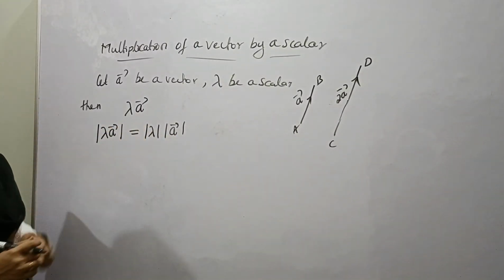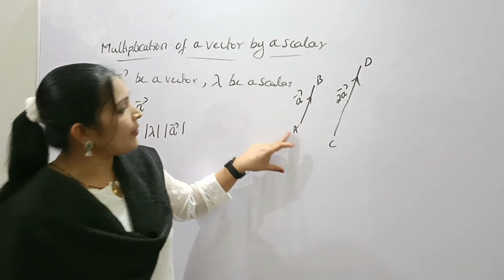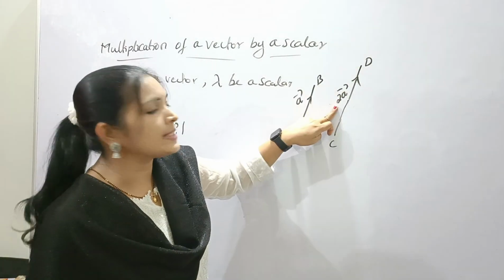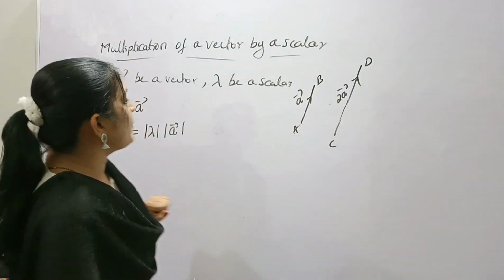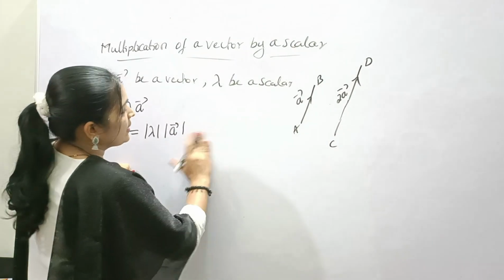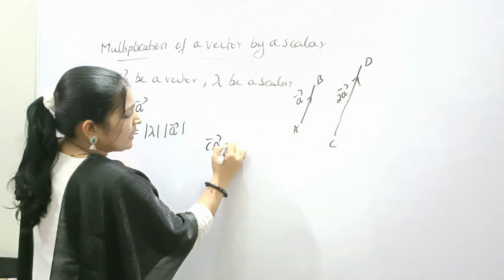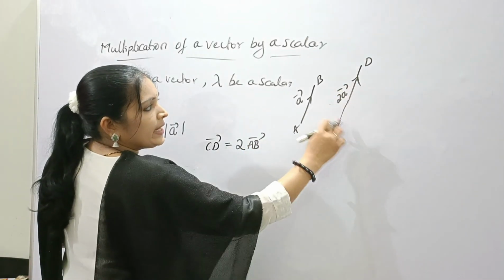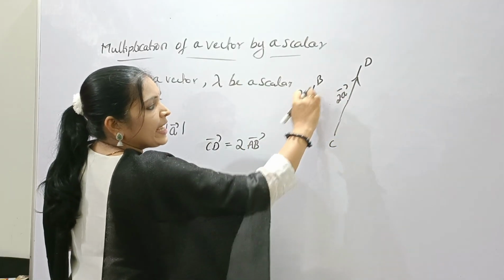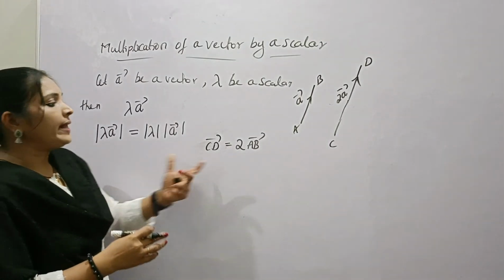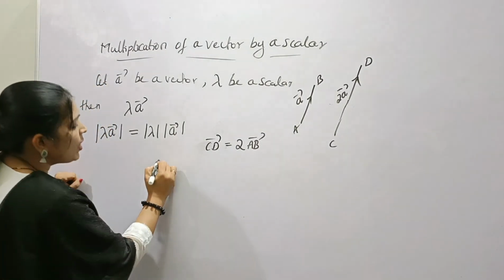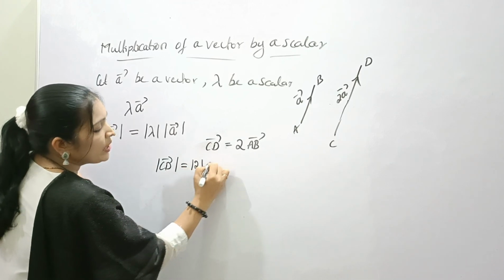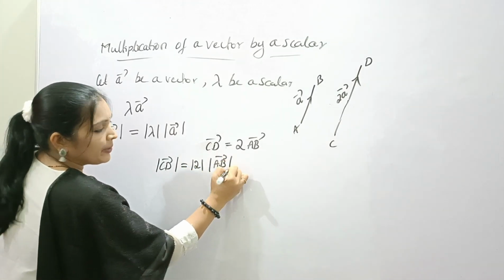For example, here vector AB is equal to vector A, and vector CD is equal to vector 2A. So this can be written as vector CD equal to 2 times vector AB. Then what is its magnitude? The modulus of vector CD is equal to modulus of 2 times the modulus of vector AB.